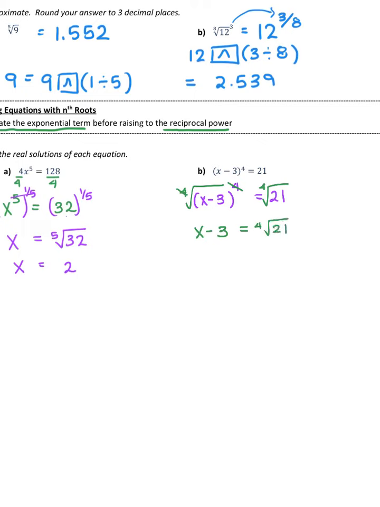Now, if I asked for an exact answer, what you could do is just go x equals 3 plus the 4th root of 21. But at this stage, that would be an exact answer. If you wanted what the equivalent was, I would go to my calculator and find out that that is 3 plus 2.141. So x equals 5.141.